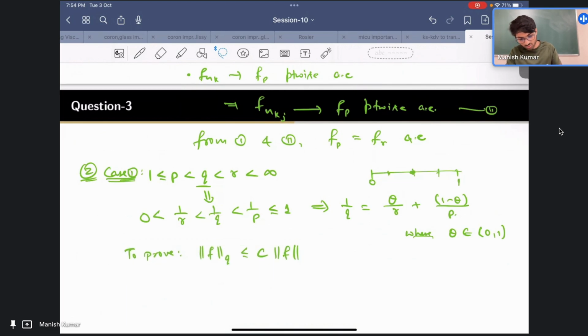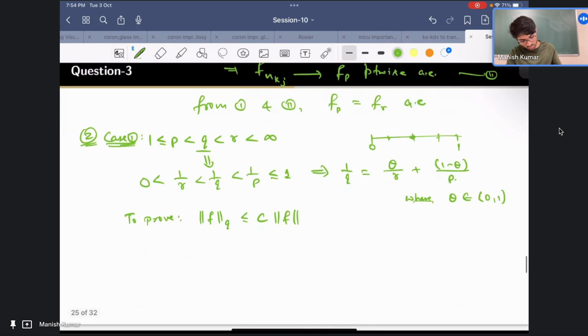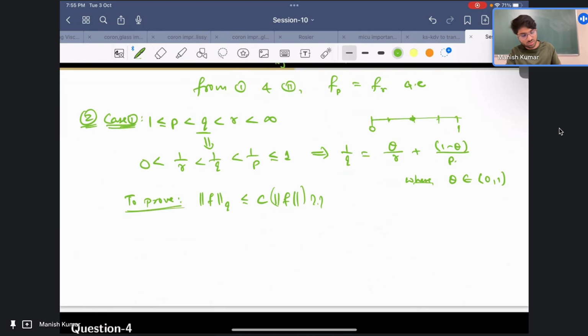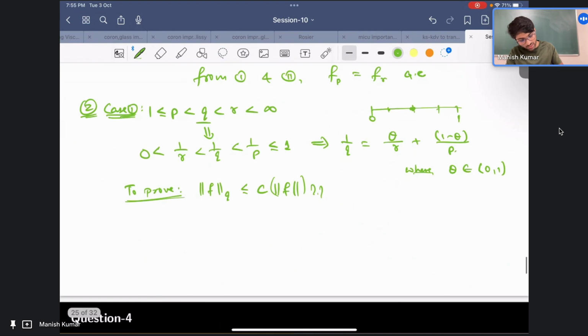Not exactly this, but some estimate of this sort. The right hand side will be determined later on. It will have some exponents and everything. So maybe I should write this as my claim. You'll see what comes.